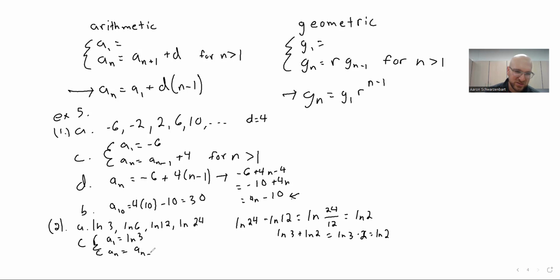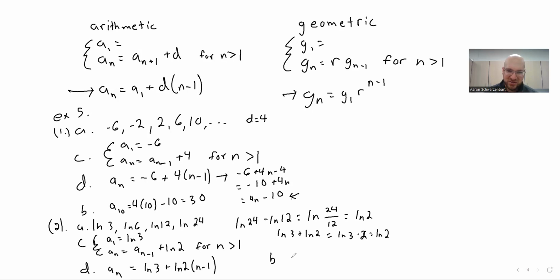I'm getting ahead of myself into recursive formula or explicit formulas. My explicit formula then is ln3 plus common difference times n minus 1. I'm not going to try to simplify that one.